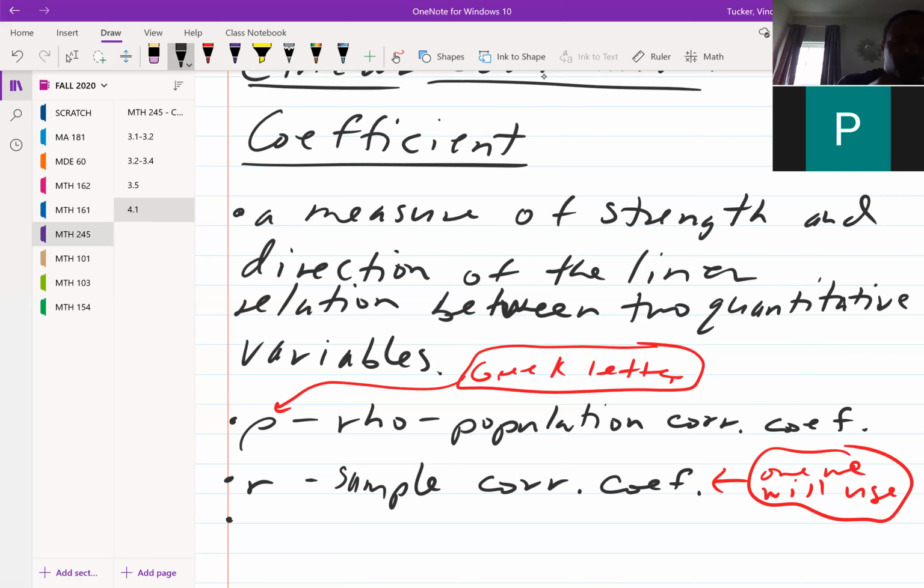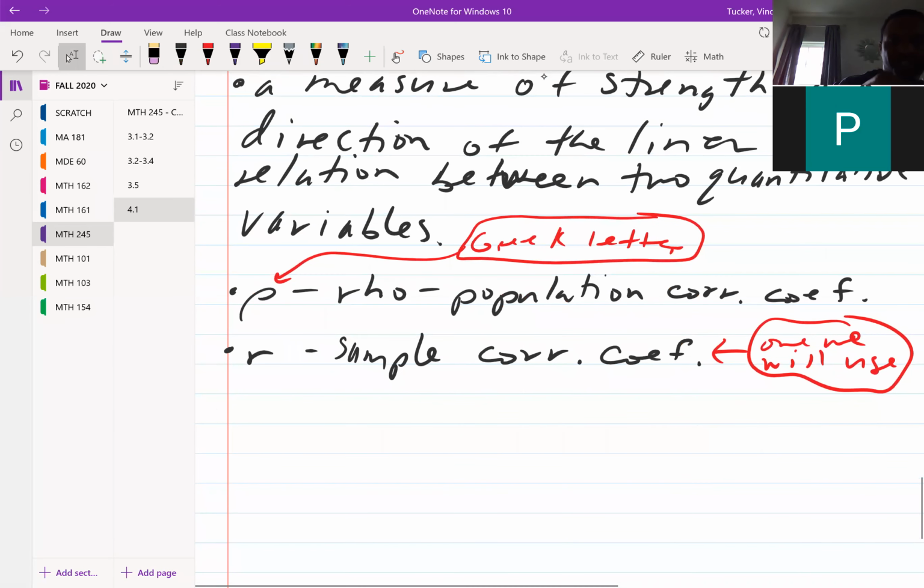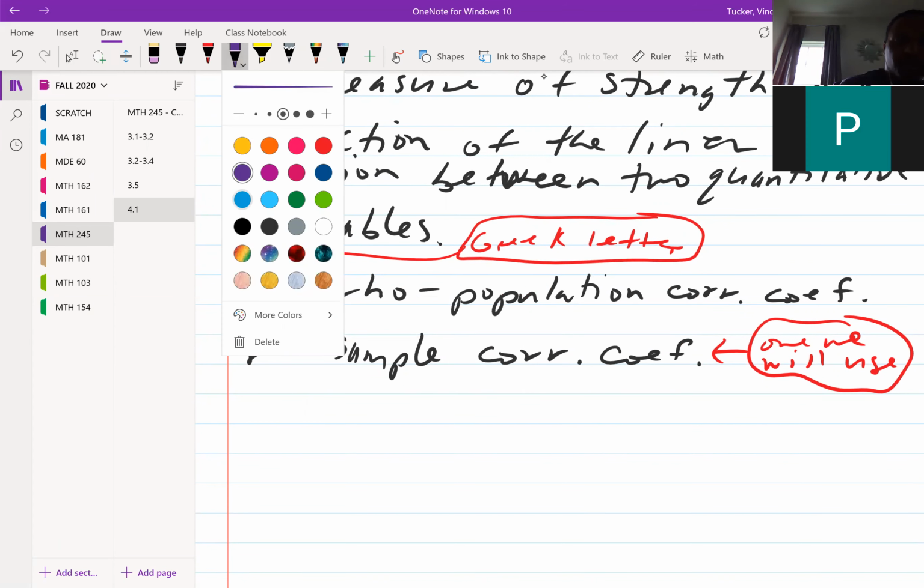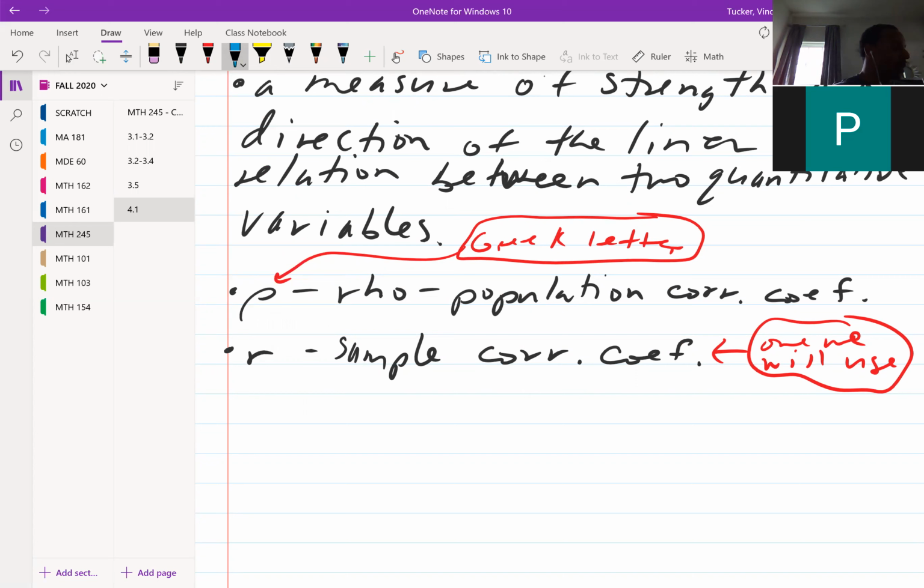Now the formula is involved, but this book is not requiring you to know how to calculate and use the formula or to calculate it by hand.